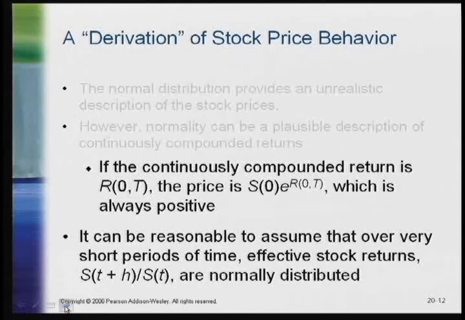And indeed, that's what we have, that we're modeling R of 0t, the return from time 0 to time t, as a normal distribution. And that'll allow us to say that the ratio of prices between any 2 points in time are normally distributed. And why is that?